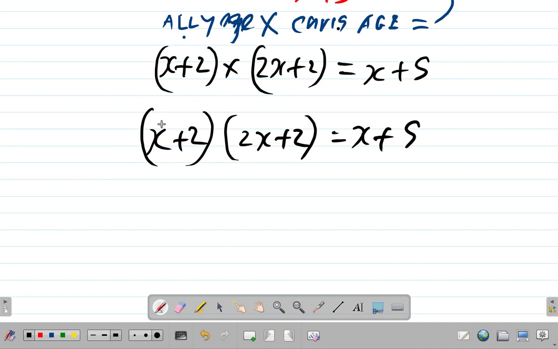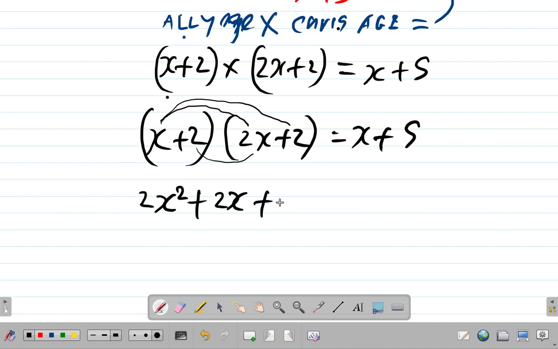We can do it that way. So x times 2x is 2x squared, plus x times 2 is 2x, plus 2 times 2x is 4x, plus 2 times 2 is 4, equals x plus 5. Alright?